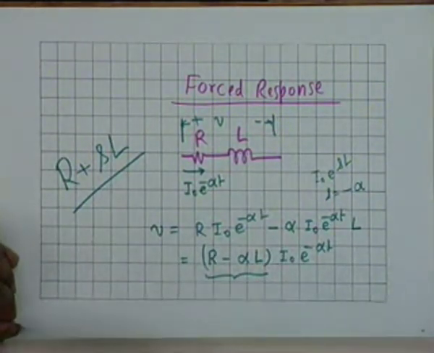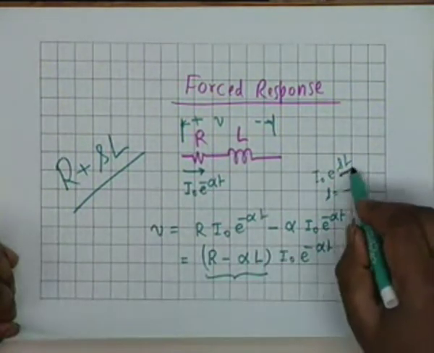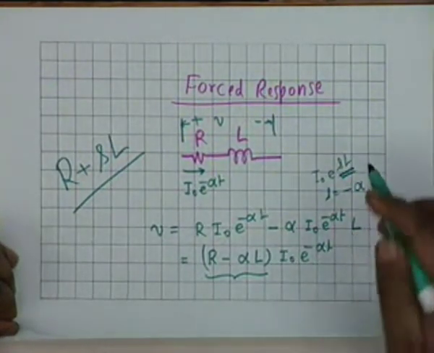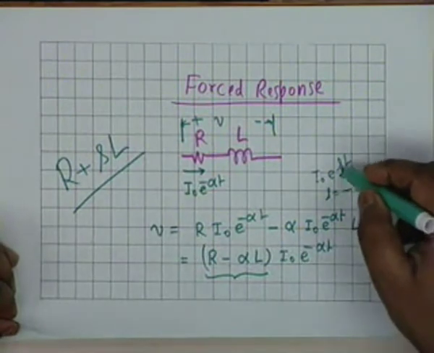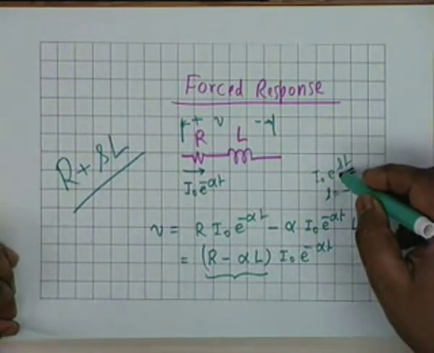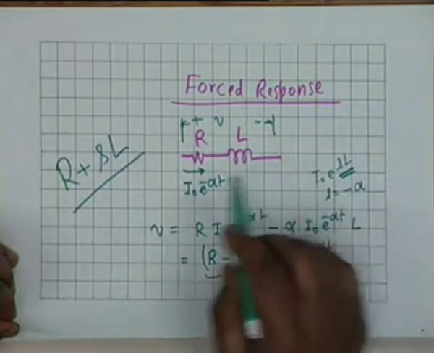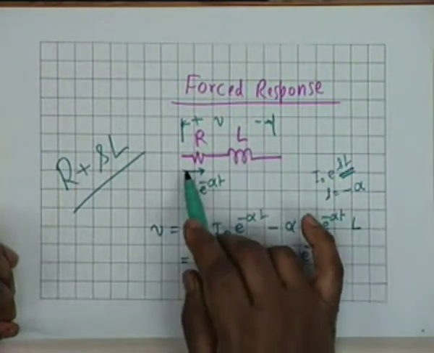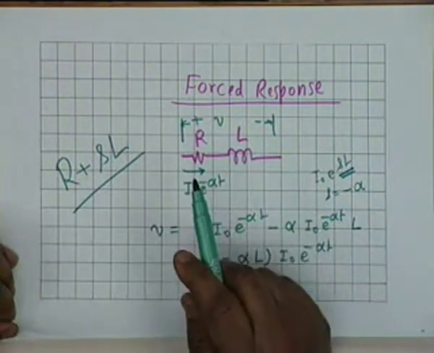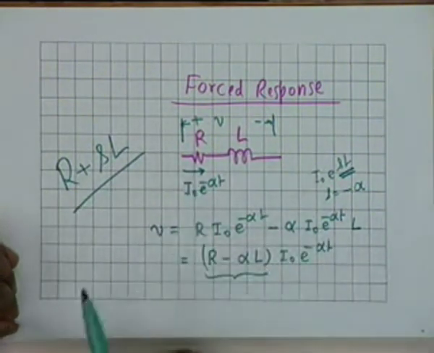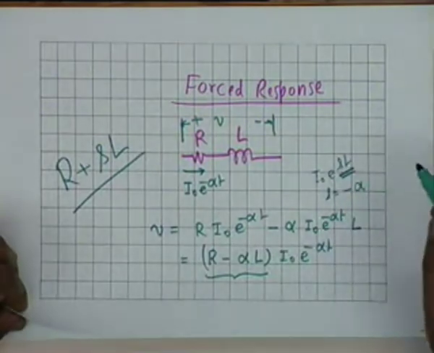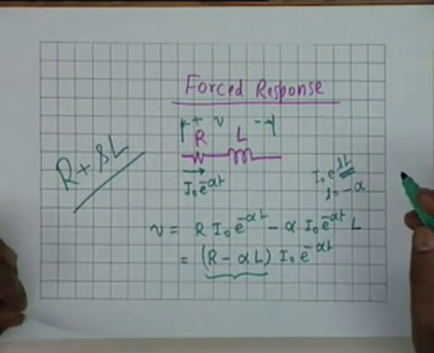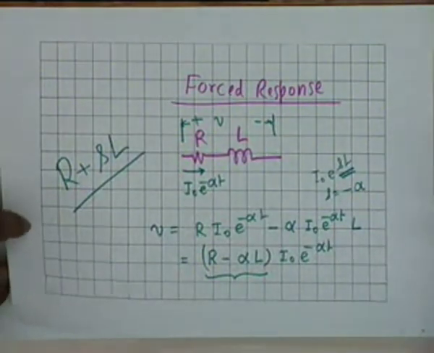A very special case of the exponential excitation occurs if s equals 0. If s equals 0, it is a constant current, and therefore d/dt would be 0, and so the drop would be simply R times I0. Therefore e to the st excitation can also take care of DC conditions by putting s equal to 0.